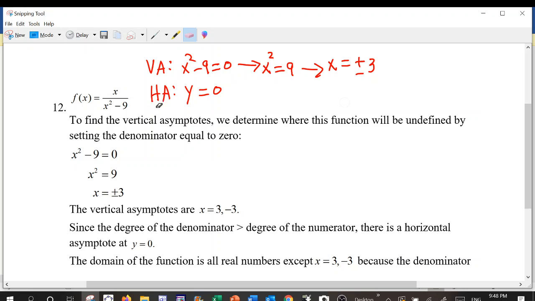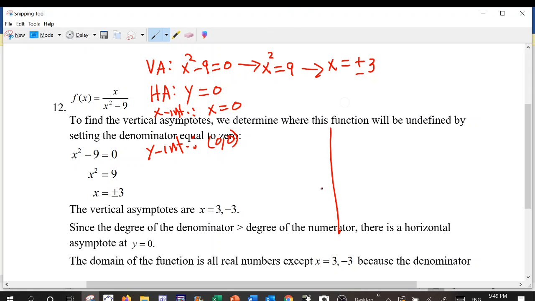And what about x-intercept? Well, the x-intercept is a number that makes what? The numerator 0, so it's x equals 0. Not the denominator, only the numerator, and that's the x-intercept. What about the y-intercept? Well, the y-intercept is when you substitute 0 here, you get what? You get 0. So (0, 0) is the y-intercept.